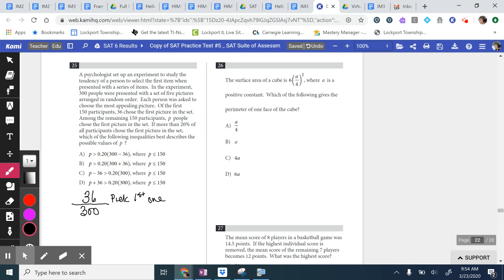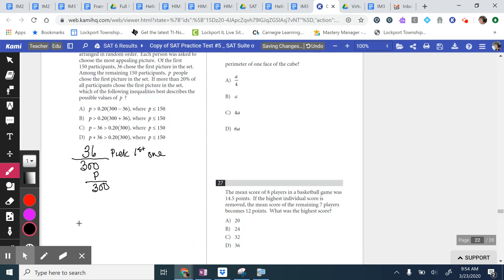Okay, of the remaining 150, P people choose the first picture in the set. So then we've got P more people out of the total 300 that also pick that first one. And this happens and this happens, so that's an additive situation.